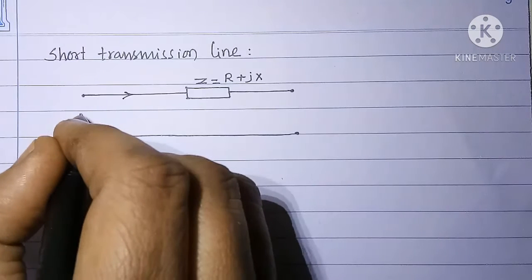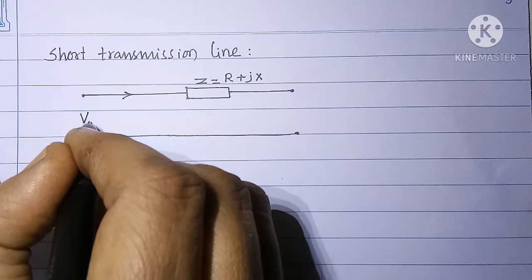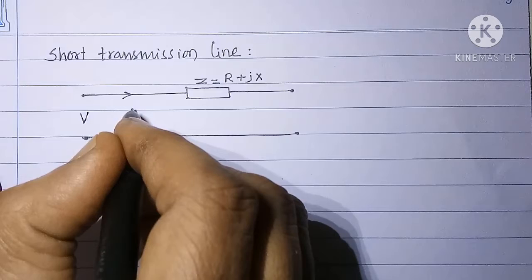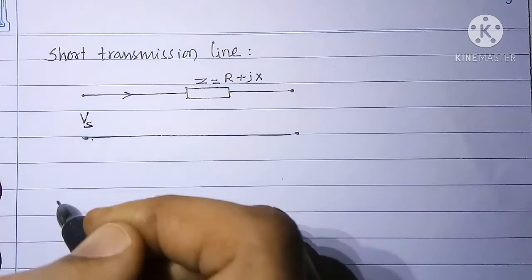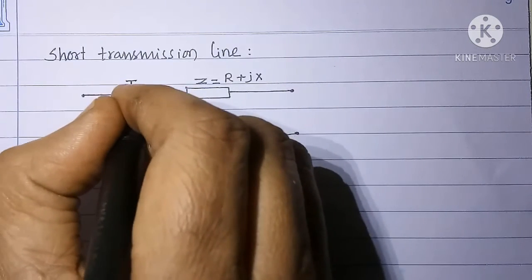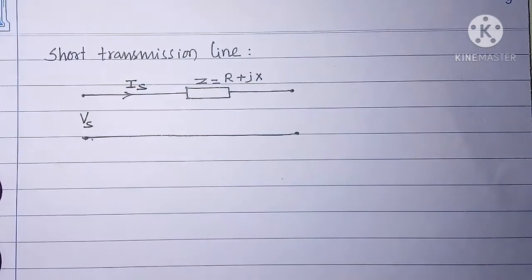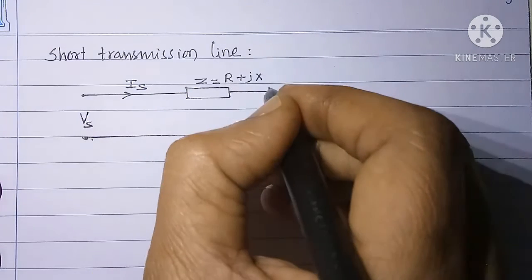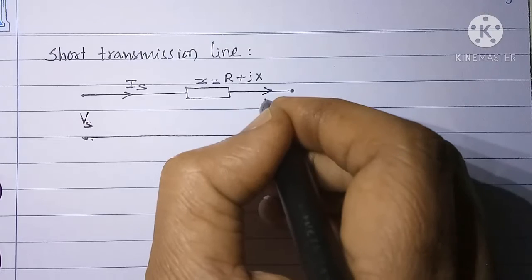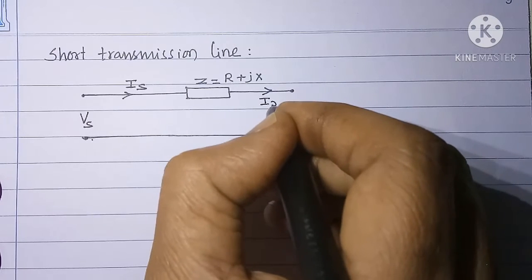Current flowing from the sending end is denoted by Is, whereas current flowing into the receiving end is denoted by IR.